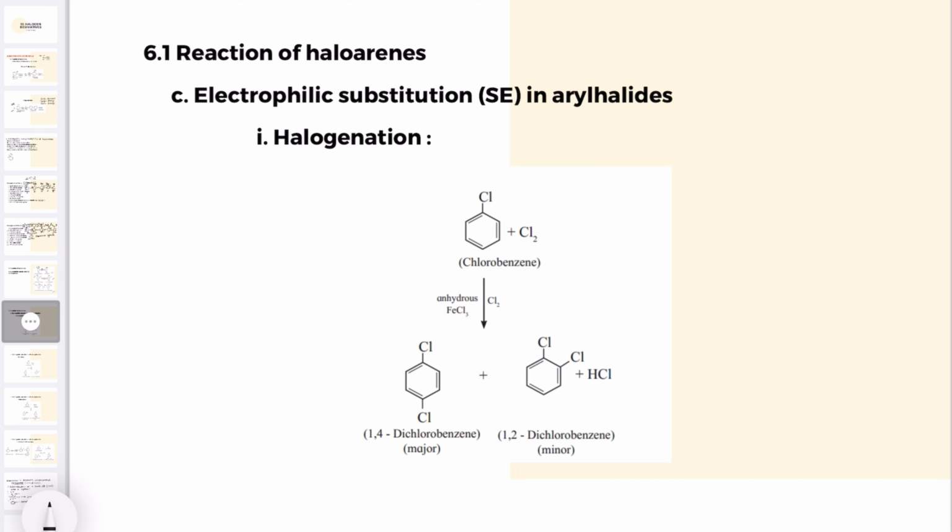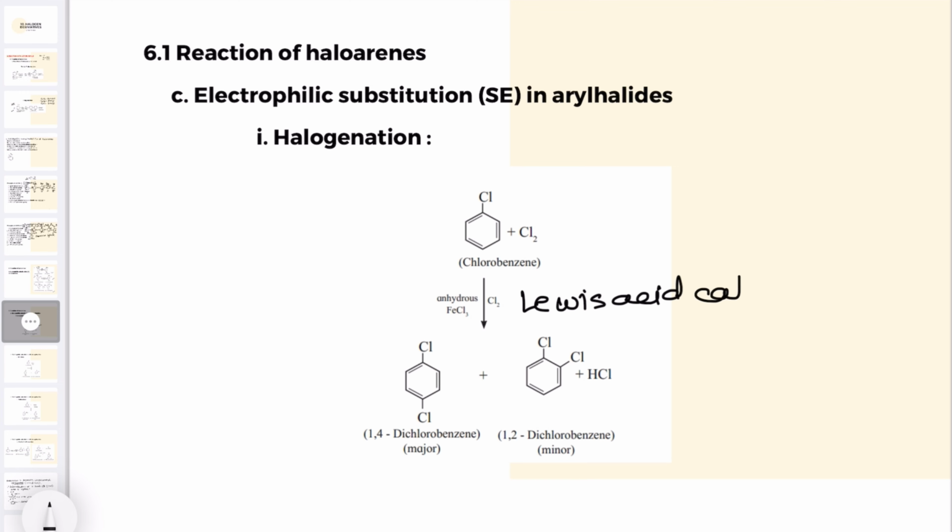Then next are the reactions of haloarenes, that is electrophilic substitution reactions. First one is halogenation. Okay, it is a very simple reaction. It is carried out by reacting haloarenes in presence of ferric salt as a Lewis acid catalyst.